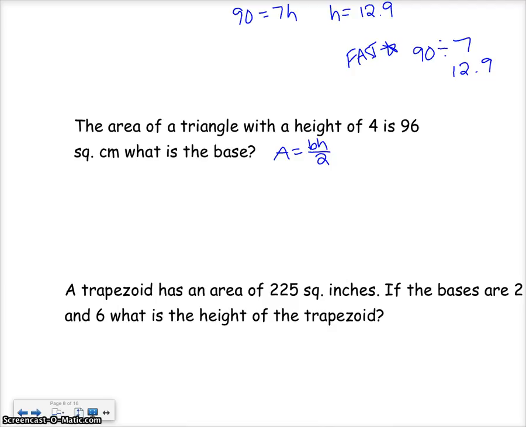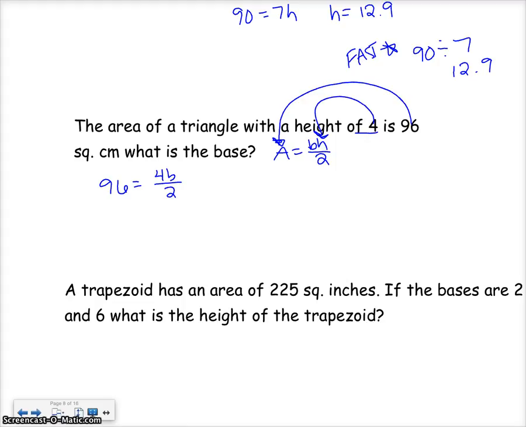And that's just me plugging in everything I know. 96 equals, the height is 4, so it's going to be 4b over 2. Make sure you know where those numbers are. My height is 4, so 4 goes where my height is. 96 went where my area is, and everything else. I just flip the 4 and b, and I can do that because of the commutative property.